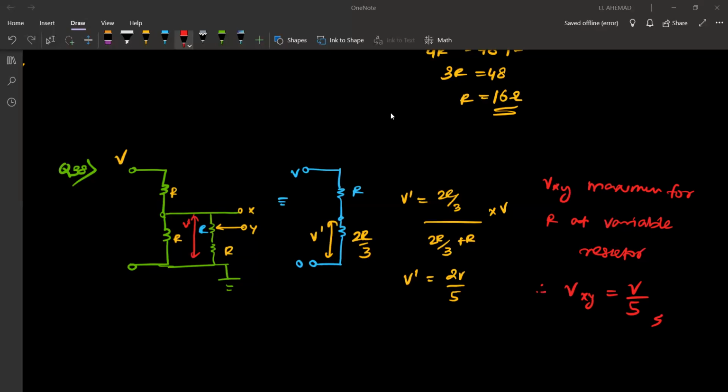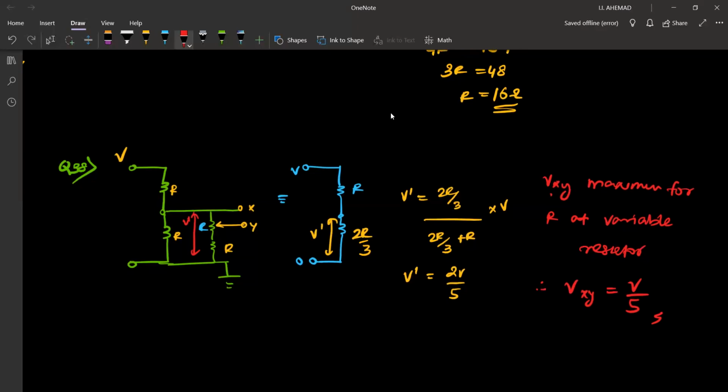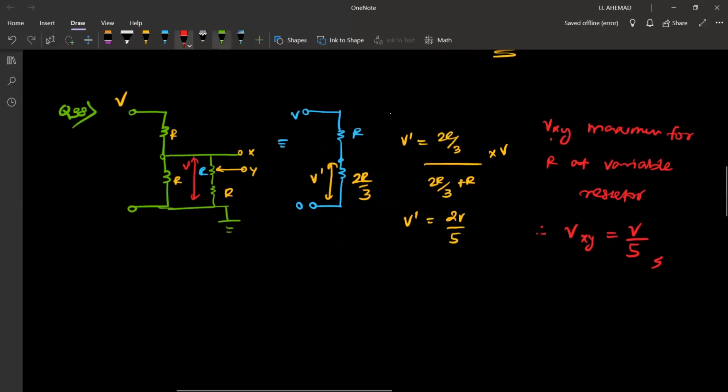This one. Here, they ask the maximum voltage across XY, right? So we know that V is proportional to R. In a potential divider, V is proportional to R. For maximum resistance only, we will get the maximum potential difference.